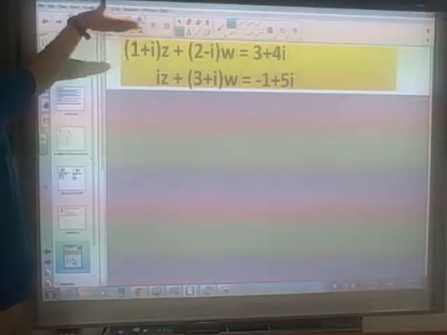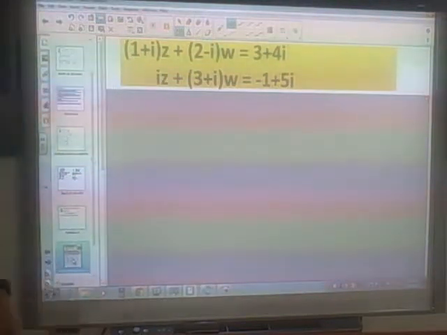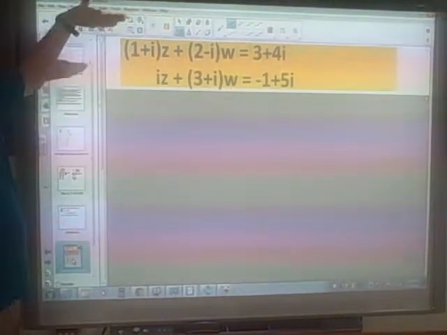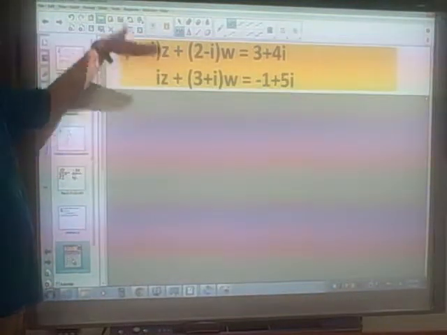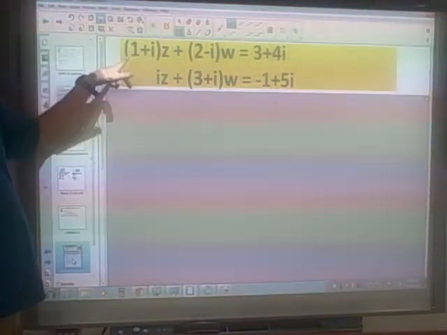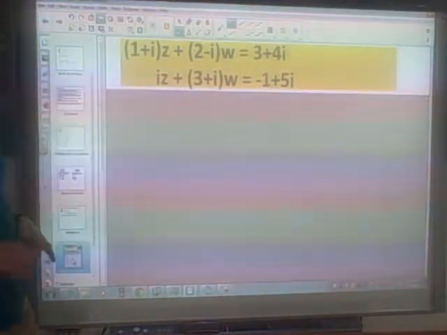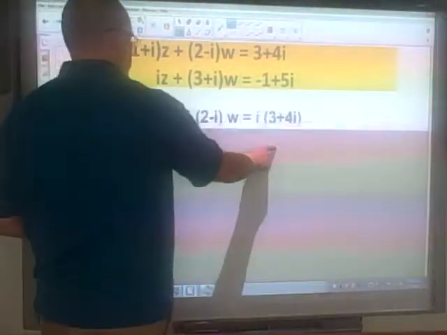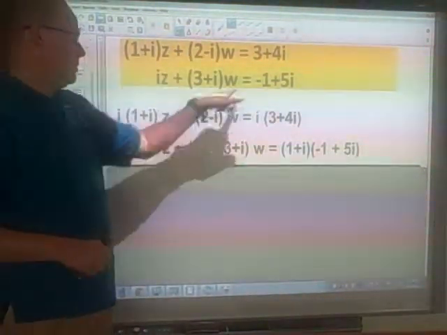So we're trying to make coefficients the same here, so we can either add or subtract and eliminate the variables. If I times the top equation by the bottom coefficient and the bottom equation by the top coefficient, then I should have i(1 plus i)z, top and bottom, and I can subtract. So that's the first step we're going to do here. I'm going to times everything on the top by i, as you can see here.